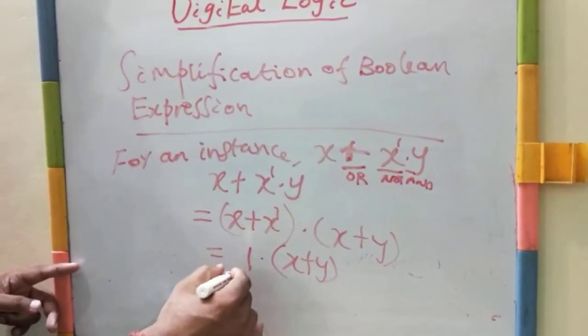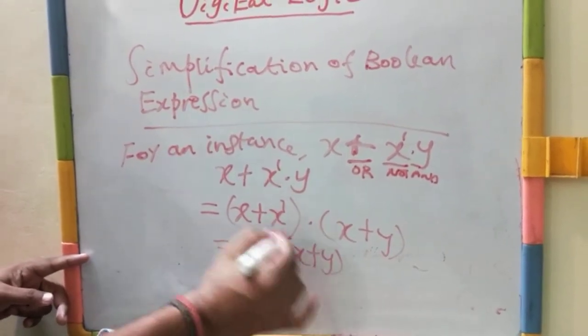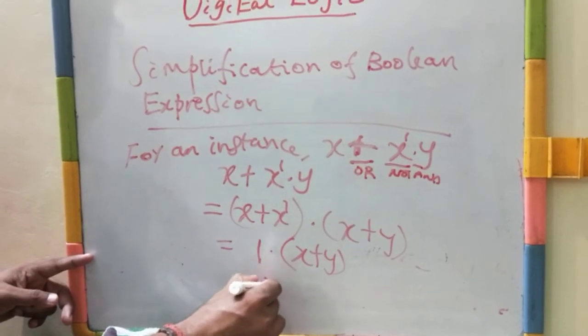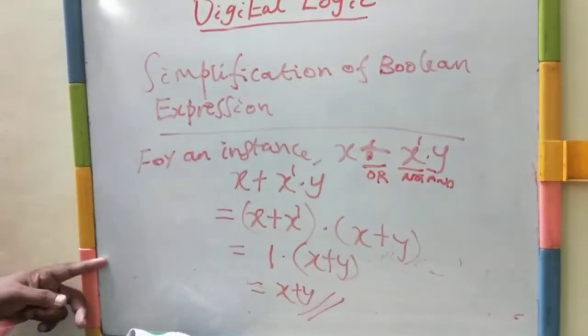By the law of identity, 1 into a given expression gives the expression as the result. So the simplified expression is x plus y.